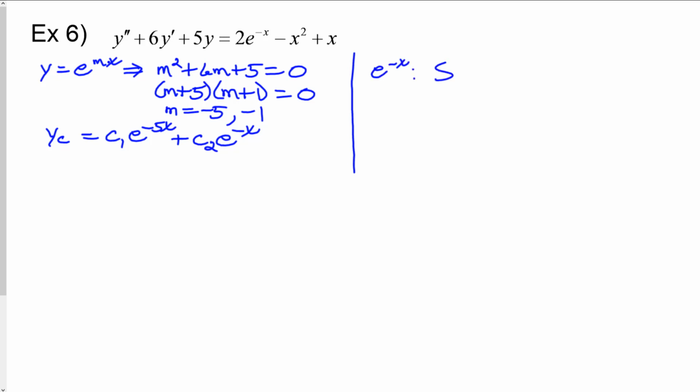So if we just list that first UC set, it has to include the function itself, and it has to include any functions involved in the derivative process. Well, every derivative of e to the negative x would either be plus or minus e to the negative x, so I don't need anything else.